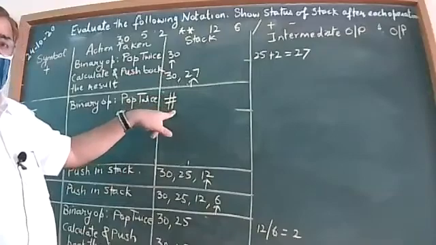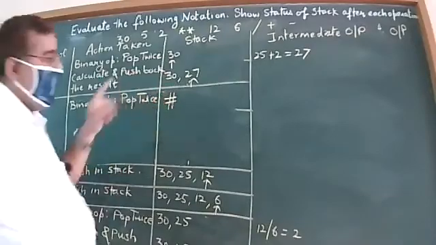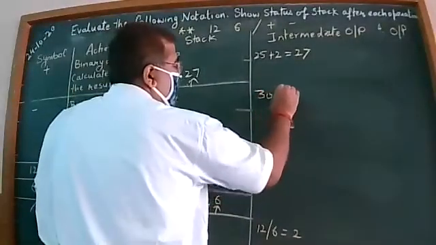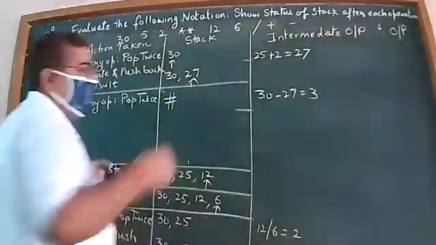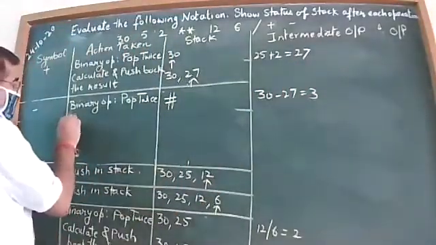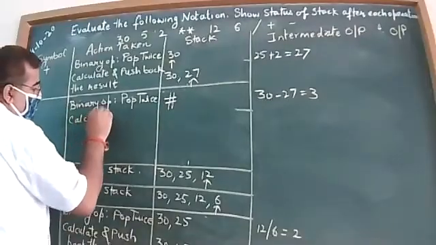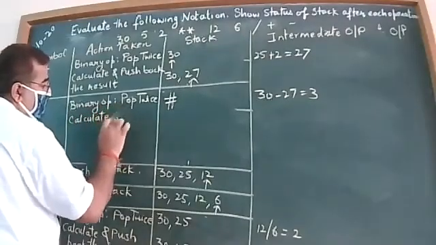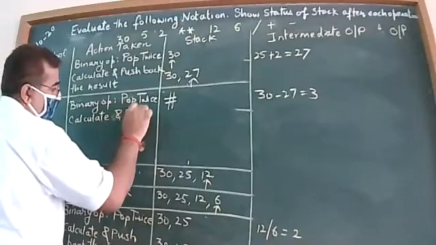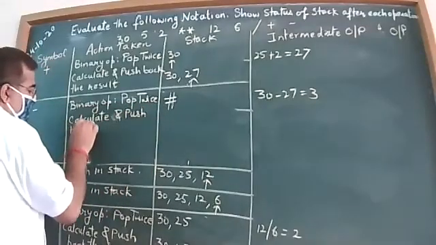For a temporary period of time, the stack is empty. 30 minus 27, 3. Calculate and push back the result.